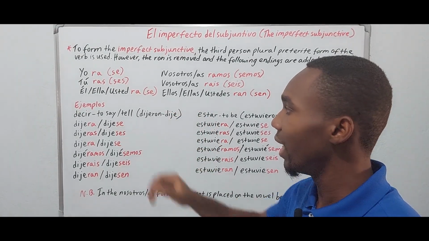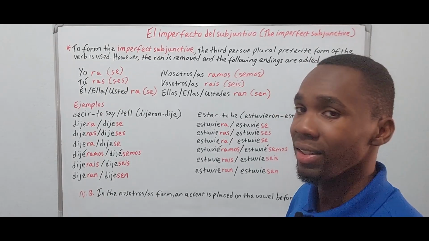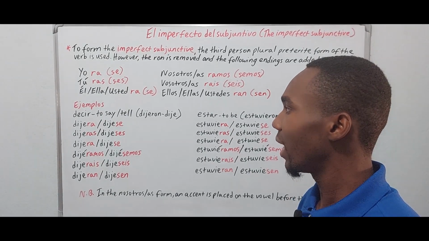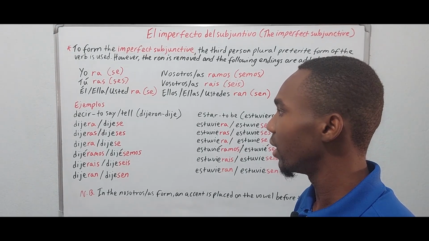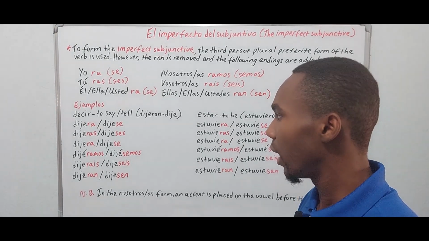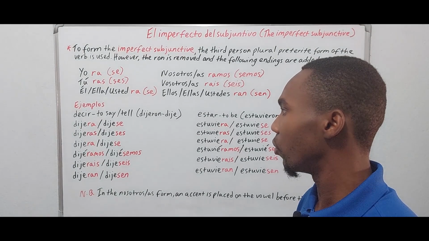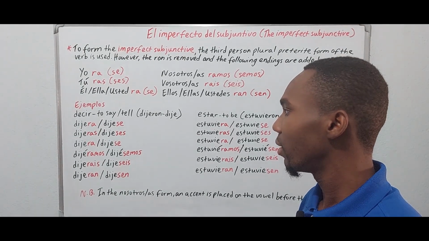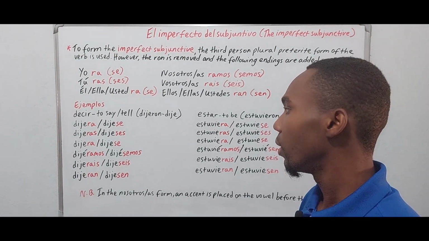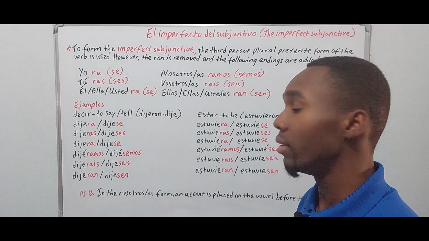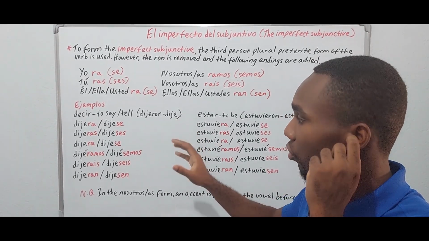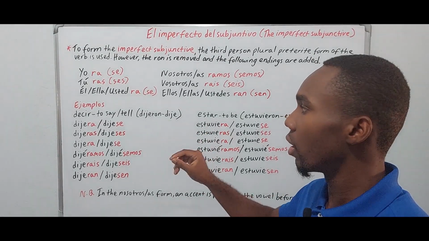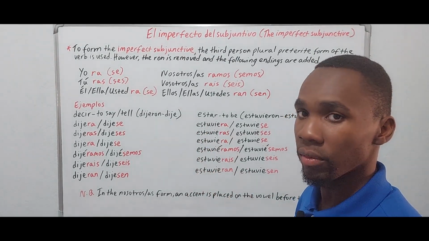So dijera or dijese, dijeras, dijeses, dijera, dijese, dijéramos, dijésemos, dijerais, dijeseis, dijeran, and dijesen. So this is the verb decir conjugated completely according to the imperfect subjunctive.